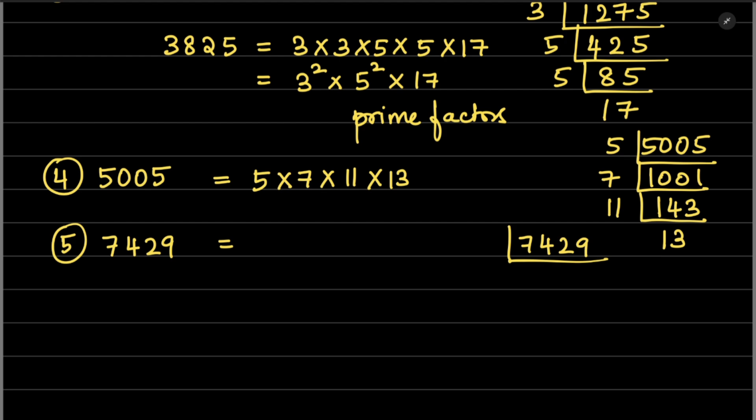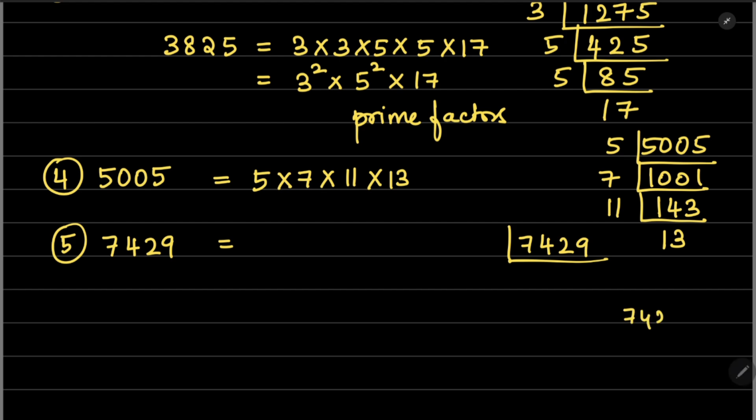If you start with 2, 2 is not divisible, 3 will not be divisible, 4 should not even be used because 4 is not a prime number, and then 5, no, because it ends with 9, and then you can try with 7.